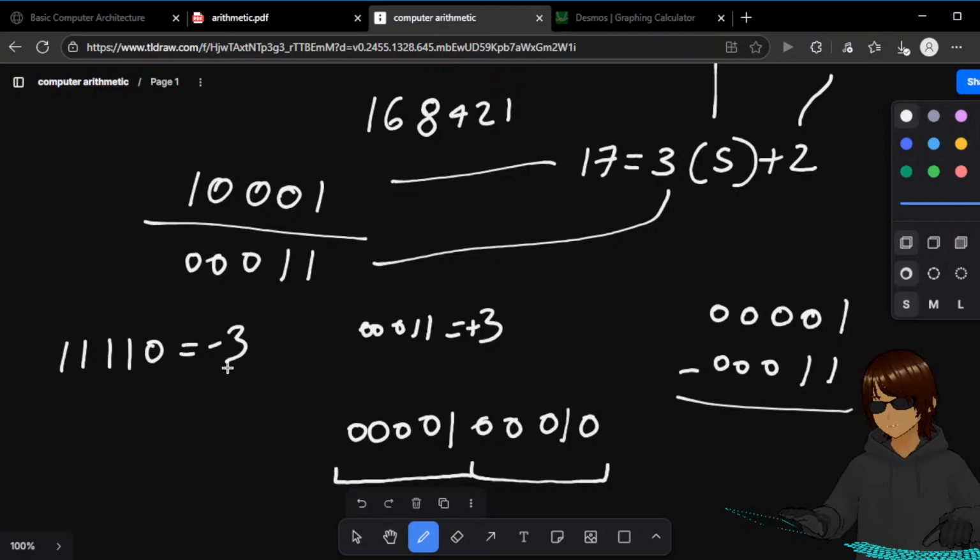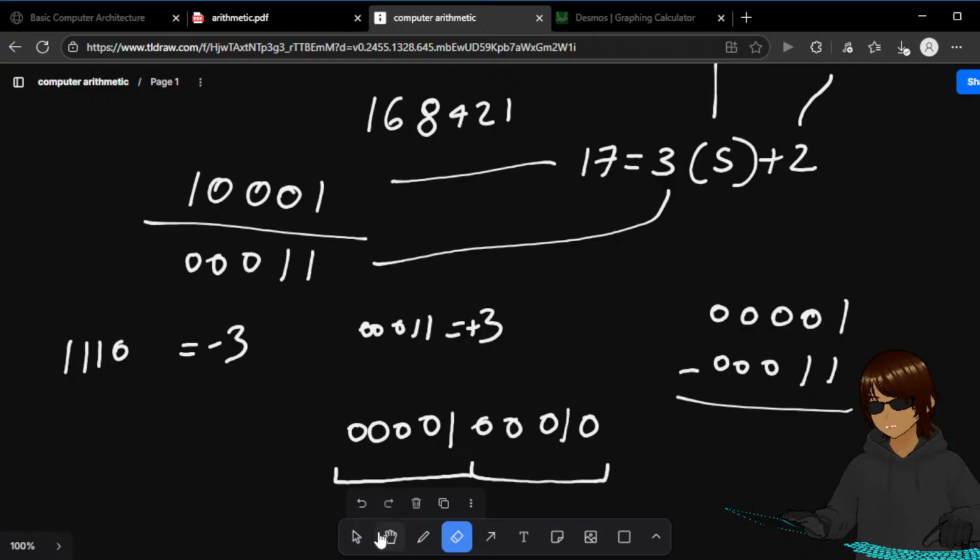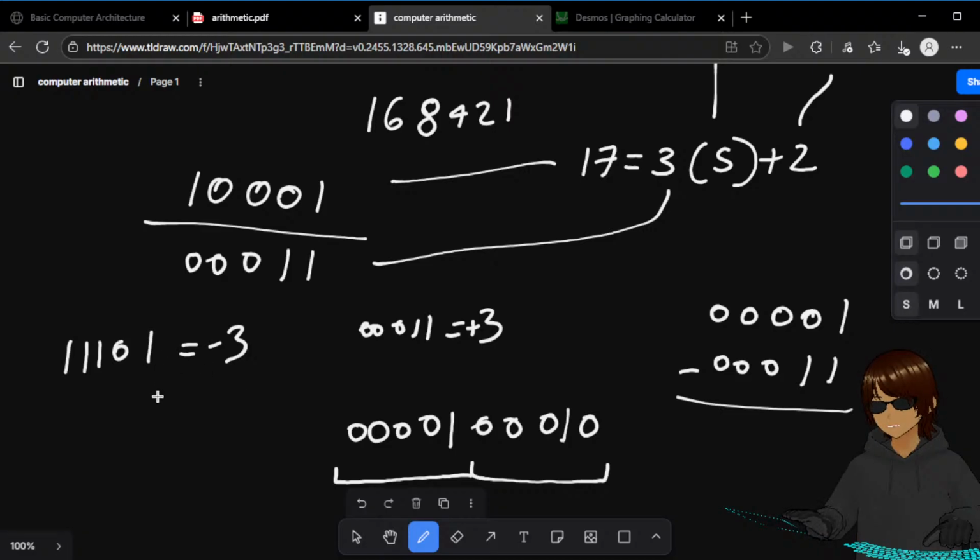This is minus 3, right? For 2's complement, we flip the bits, and then we add 1 at the end. Minus 16 plus 8 plus 4 and plus 1. Yeah.